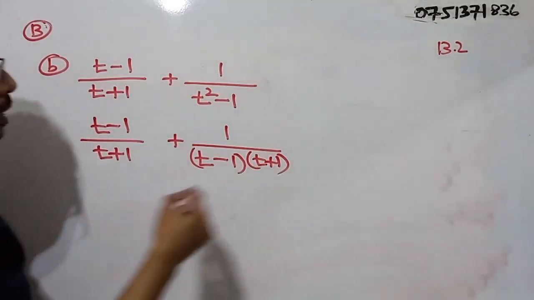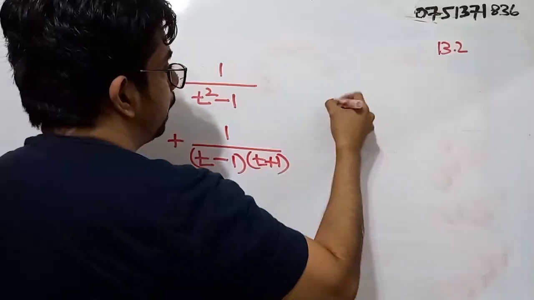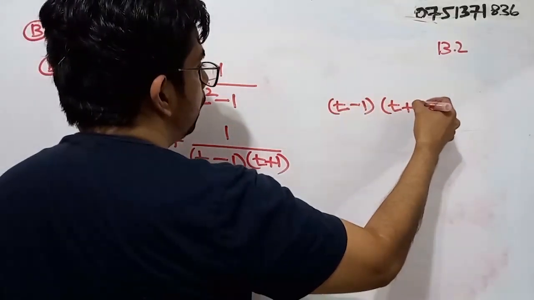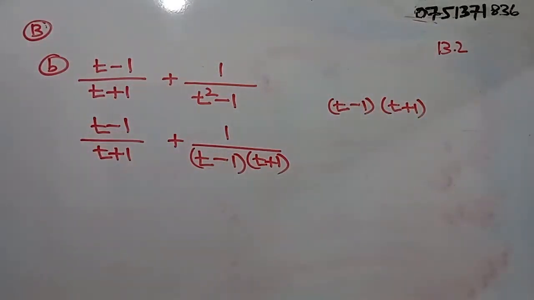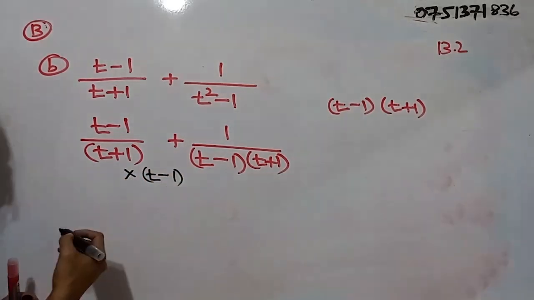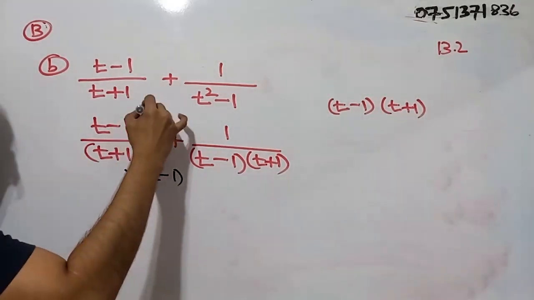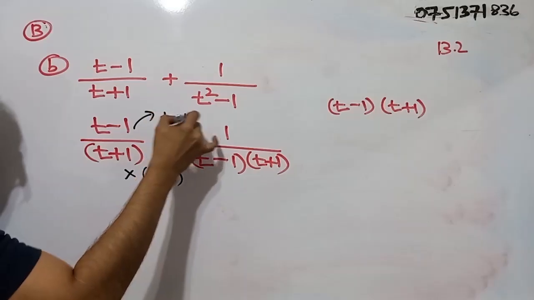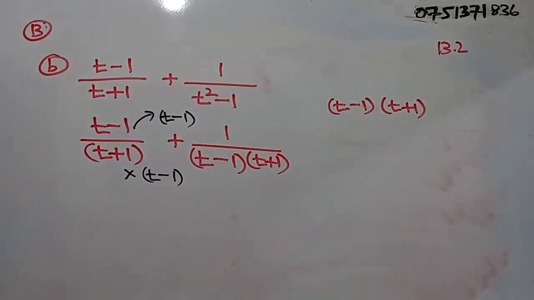So what's the least common denominator here? (t - 1)(t + 1). That means we have to multiply this term by (t - 1), so we need to multiply the above term by (t - 1) as well.